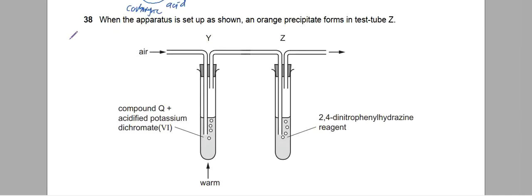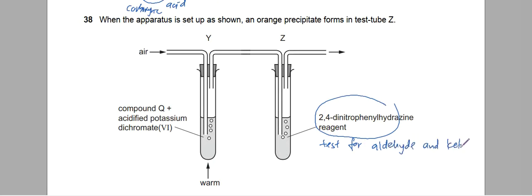Next. This test is a test for aldehydes and ketones. You will see the precipitate form in the presence of aldehydes and ketones. Acidified potassium dichromate is the oxidizing agent, so we need something that can oxidize to aldehydes and ketones.